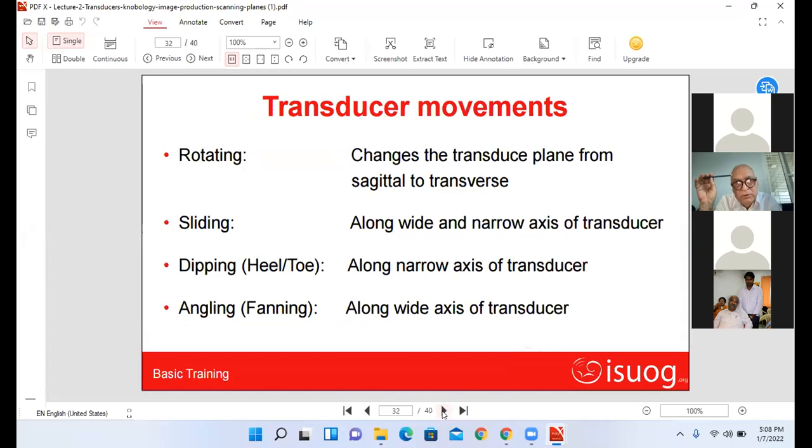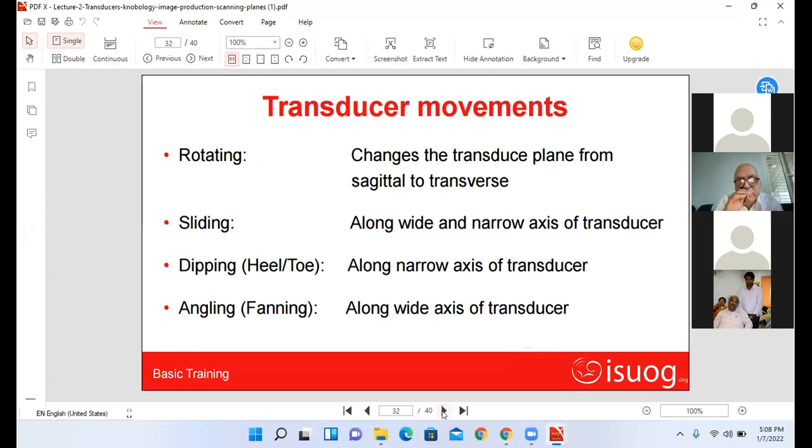Now regarding transducer movement, this is very important because rotation changes the transducer plane from sagittal to transverse. This we all know, when we have to do different planes. So rotation, we all know it is not difficult. The only thing is we have to make sure that we are using the notch in a very proper way for correct side annotation.